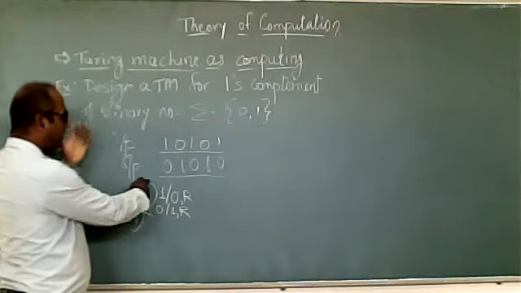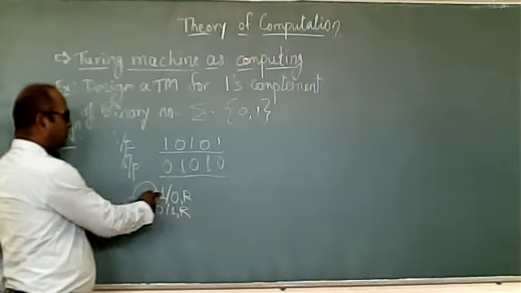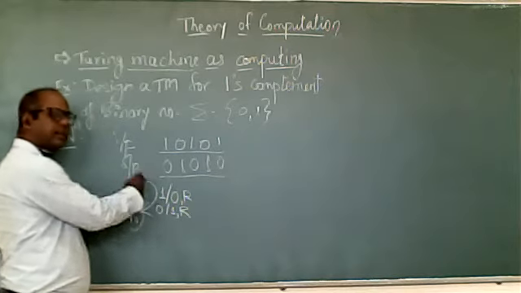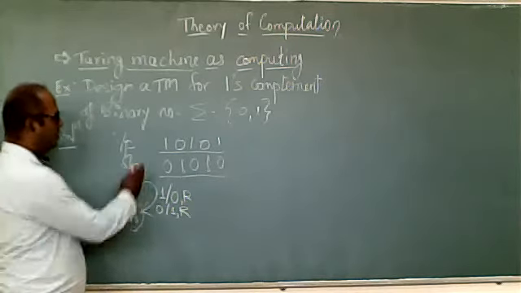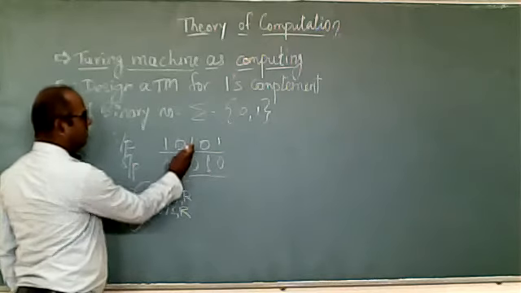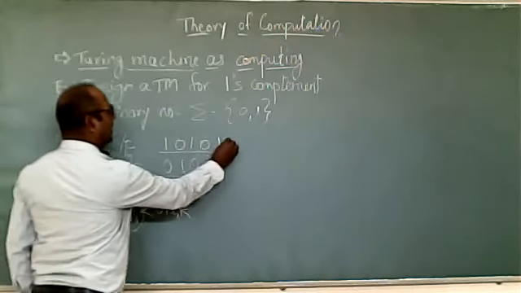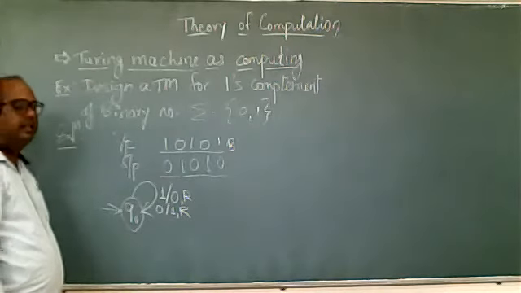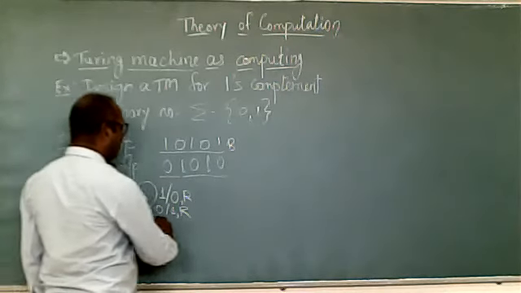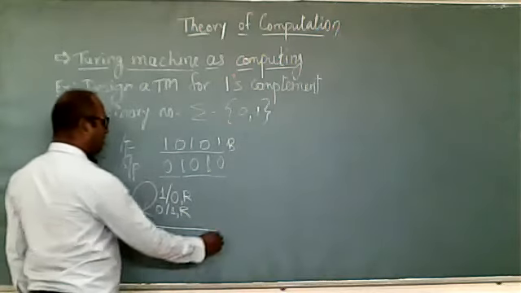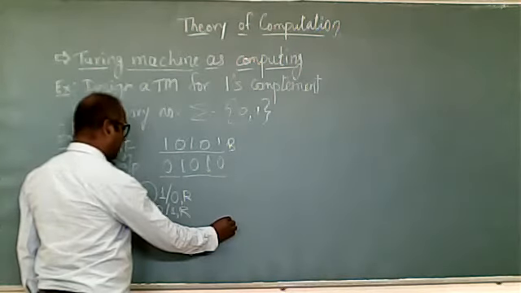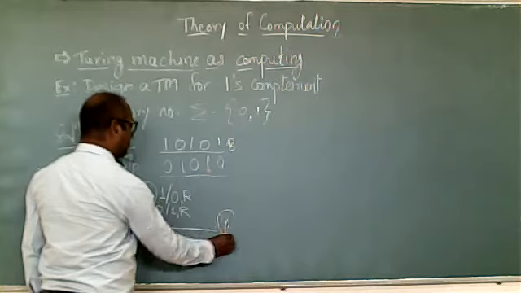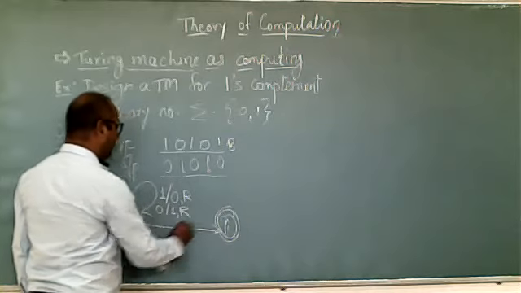Likewise, it will make 1 into 0, 0 into 1, and continue with this. So 1 will become 0, 0 will become 1, 0, 0, 1, 1, 0. And at the end, when we get blank, what does it mean? The input string is over. That will be the final step.